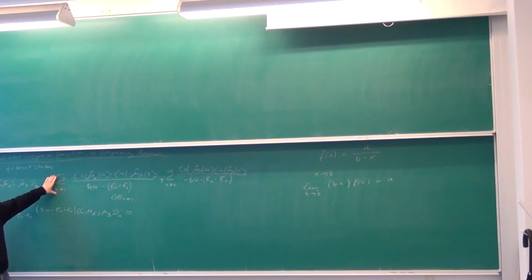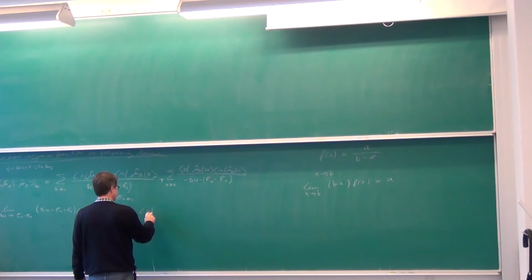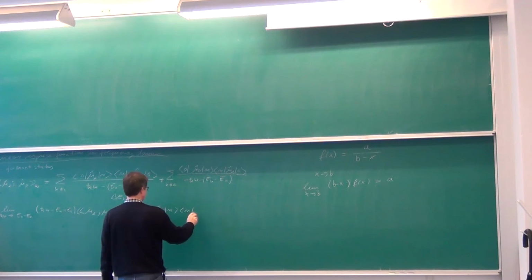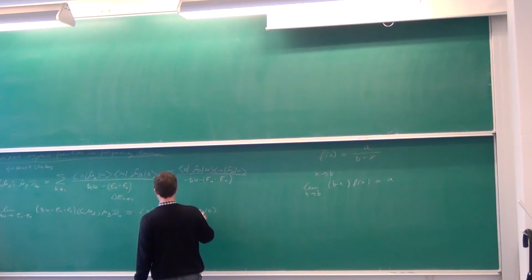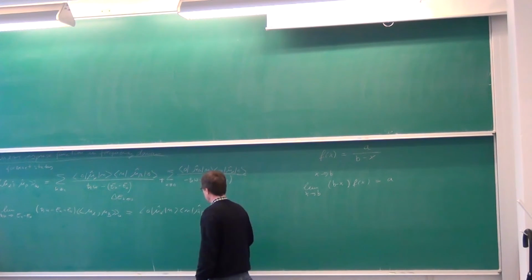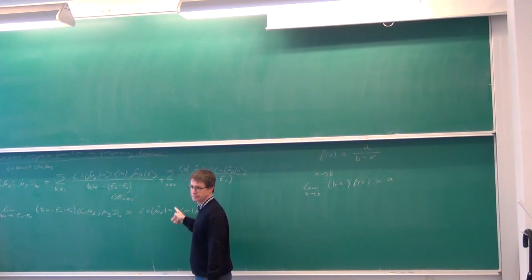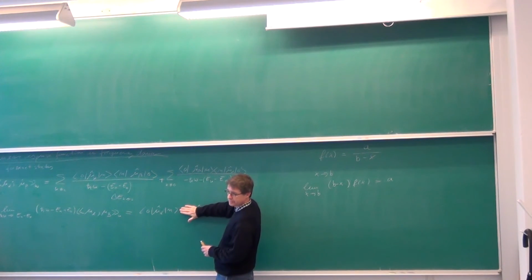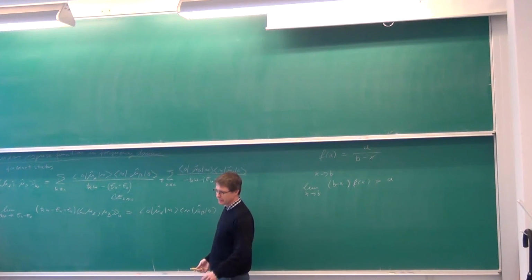Now here I have a sum over different n's, and I get the numerator for that n, and that is these products of matrix elements. But what is that? What is one of those? Jack? Transition dipole moment. That's the transition dipole moment.